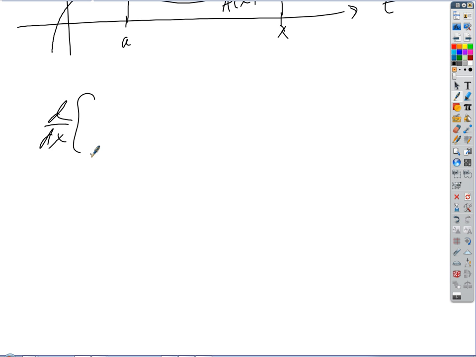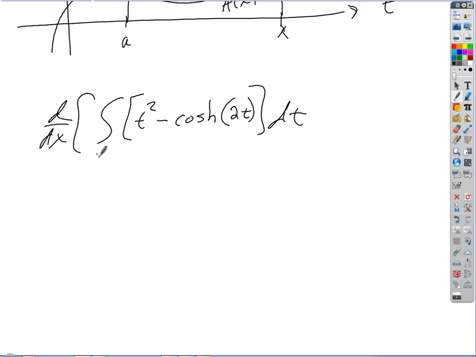The derivative with respect to x of the integral of t squared minus the hyperbolic cosine of 2t dt, from negative 911 pi up to x.